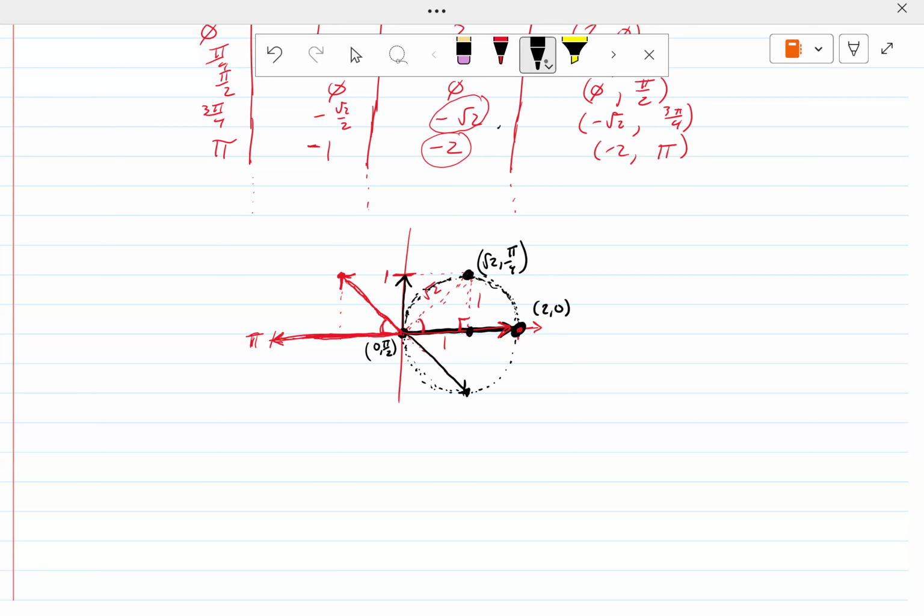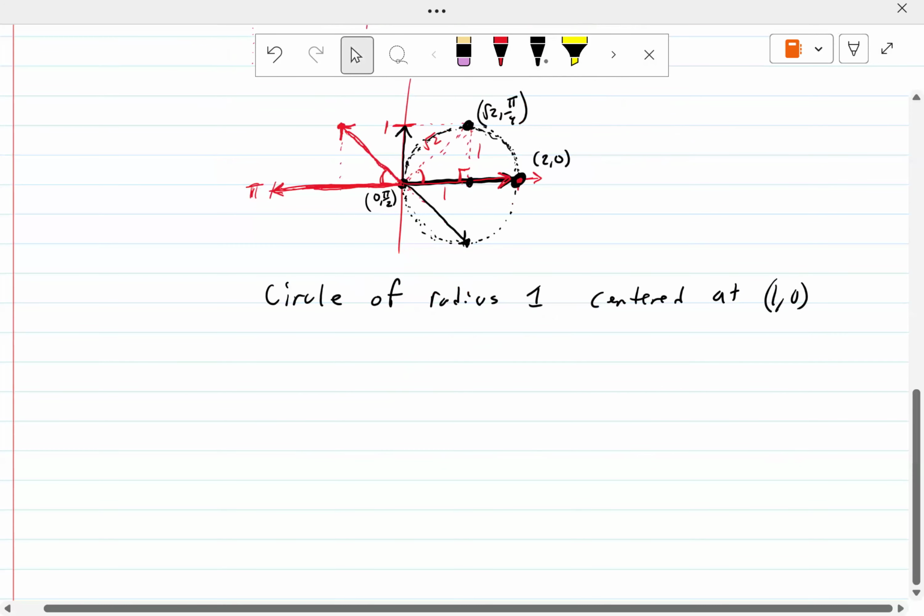So we actually get a circle of radius 1 centered at (1, 0). It's centered right here at (1, 0).